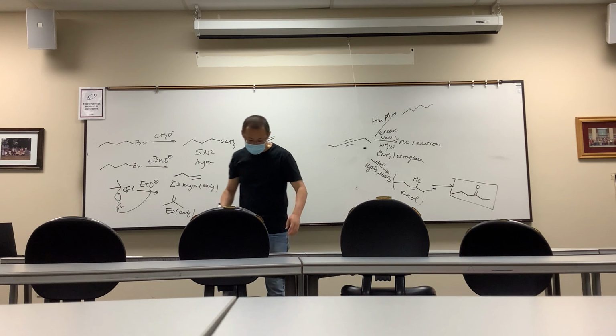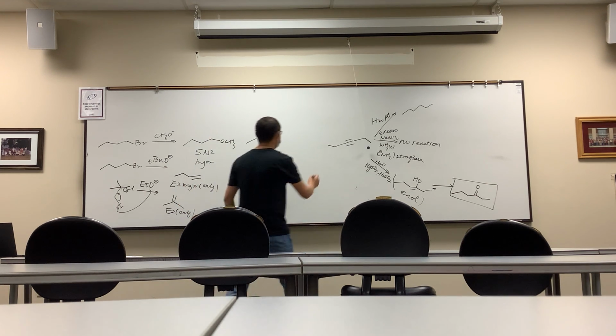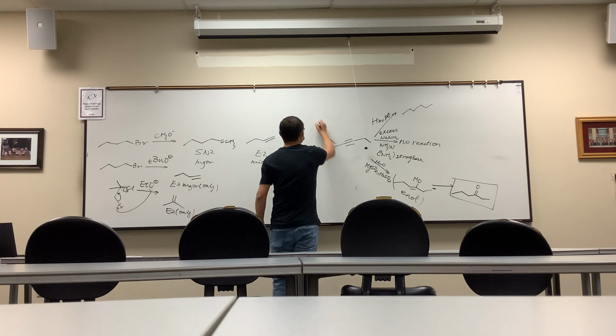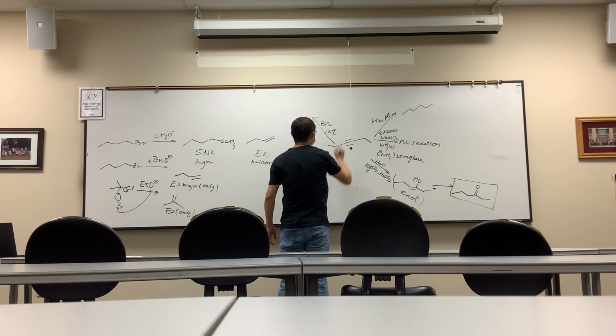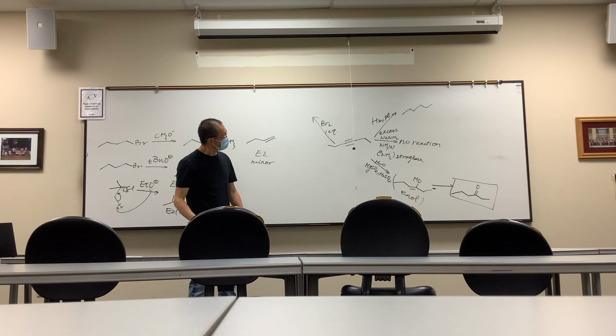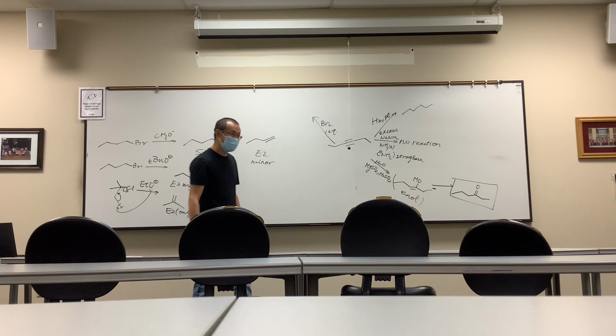All right? Next, react with 1 equivalent of bromine. What do we get? Alkene. What type of alkene? The trans dibromo alkene.